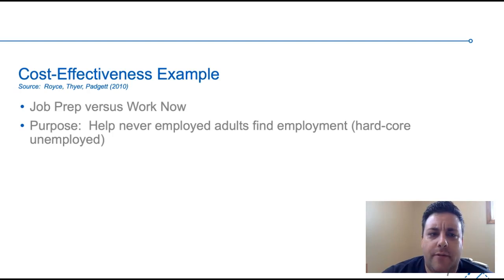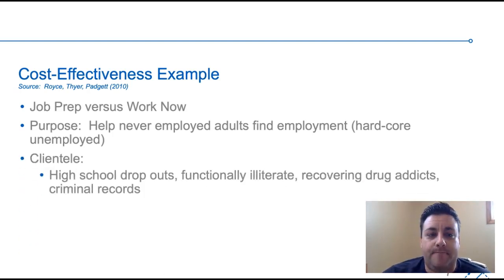One is called Job Prep, and the other is called Work Now. The purpose of both of these programs was to help never employed adults find employment. At the time, they were called the hardcore unemployed. This language isn't really used anymore. They were clientele who were particularly vulnerable.